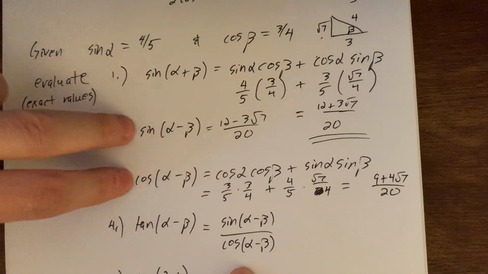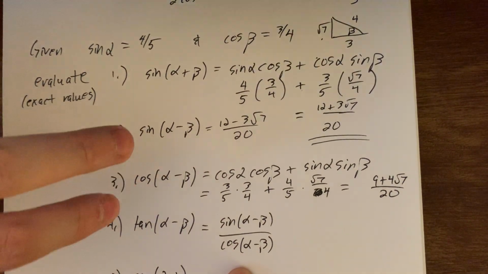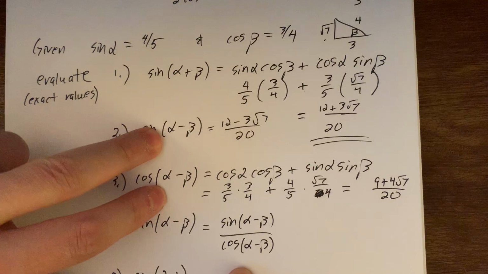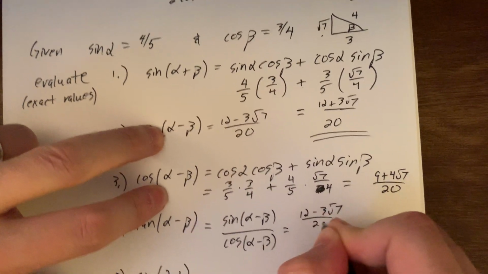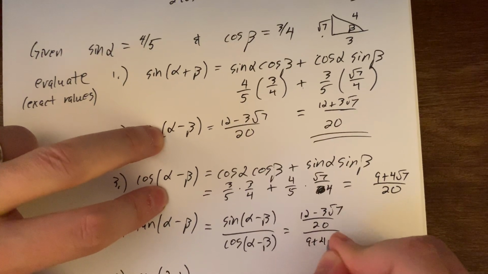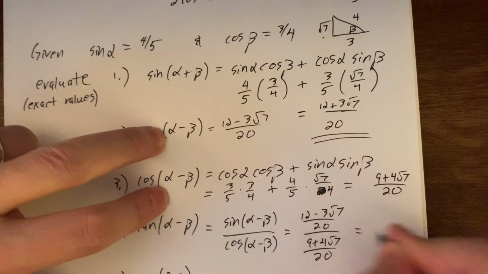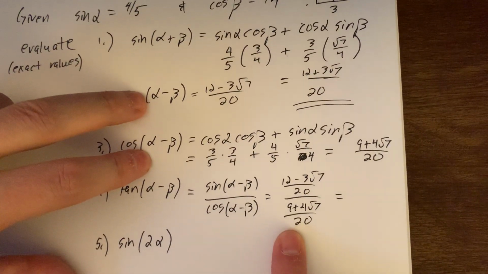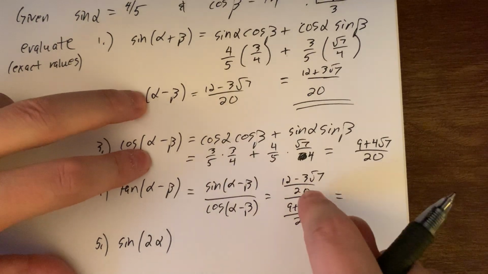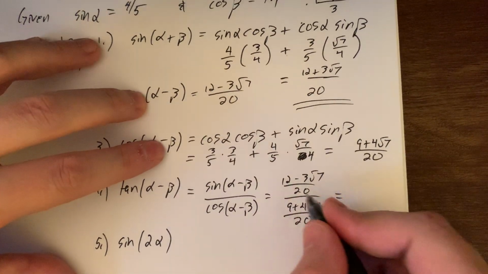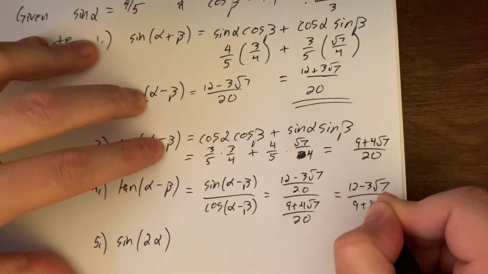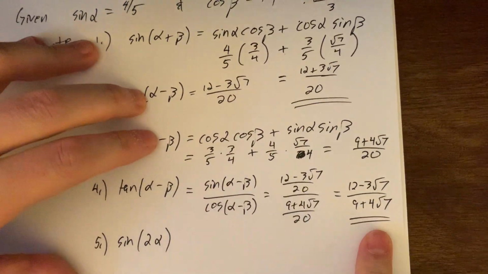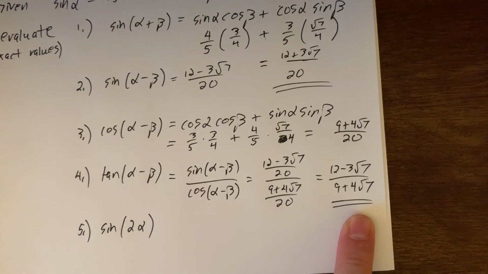And even if we had not already done that work, it's not that hard to go through and find those two values. And that's a very good answer, but nice to clean up that compound fraction. I'm not worried about the rationalizing, just that the 20s cancel. And that's a very, very good final answer.